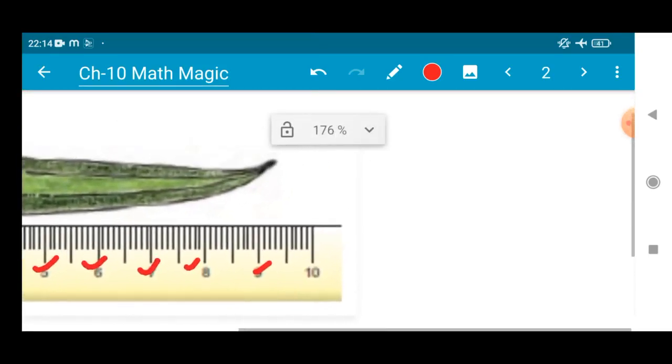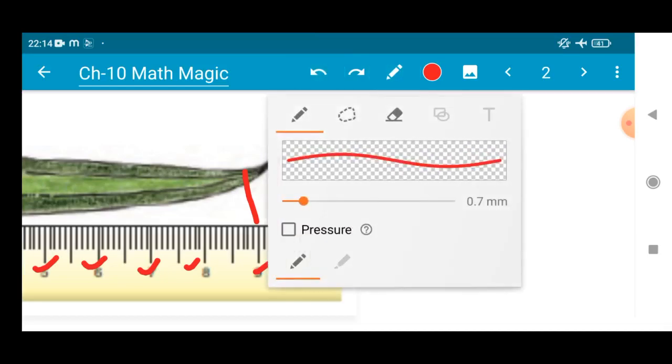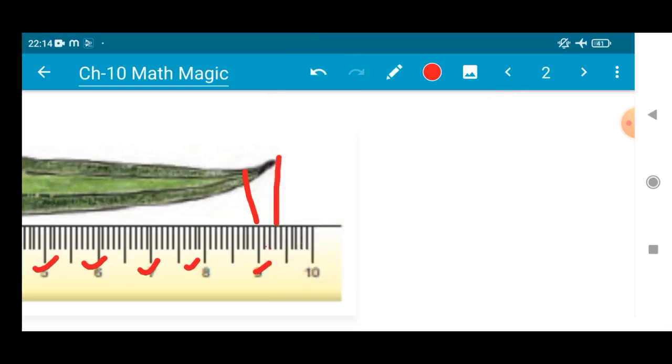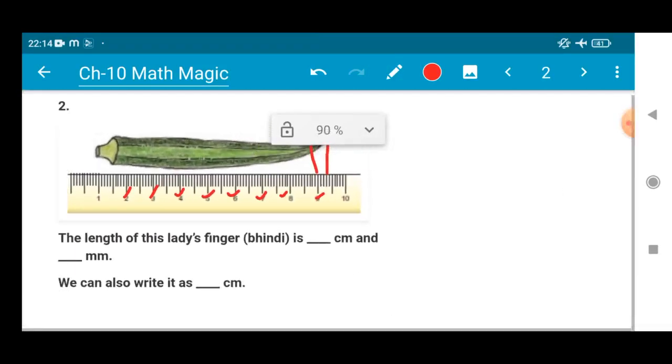Till here it is fine, it is 8, but it is crossing the label of this, right? So let us now start counting after 8. This is touching this part. So if I count 8, 8.1, 8.2, 8.3. So the measurement of this bhindi or the lady finger will be 8.3 centimeter.